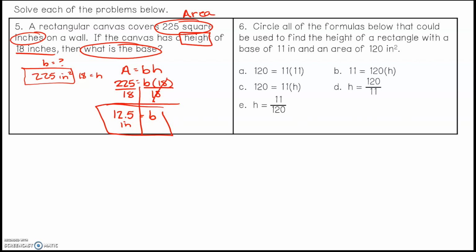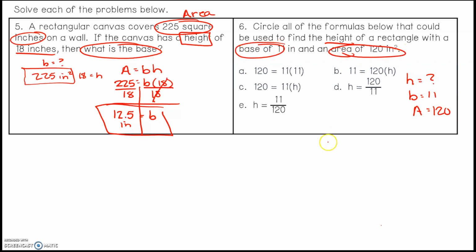Number 6, circle all of the formulas below that could be used to find the height of a rectangle. So we're looking for height. Base is 11, and the area is 120. We see that in here.